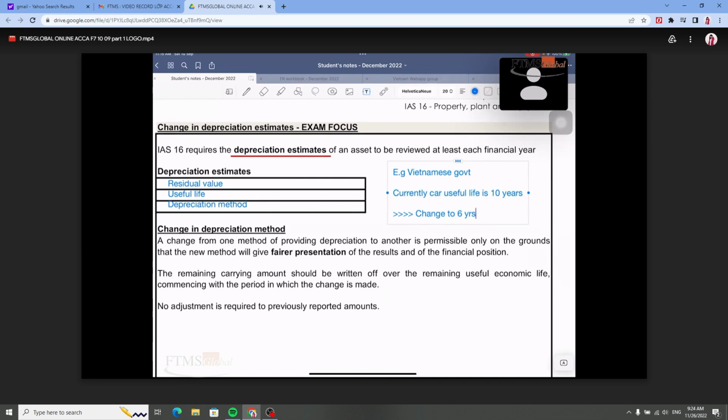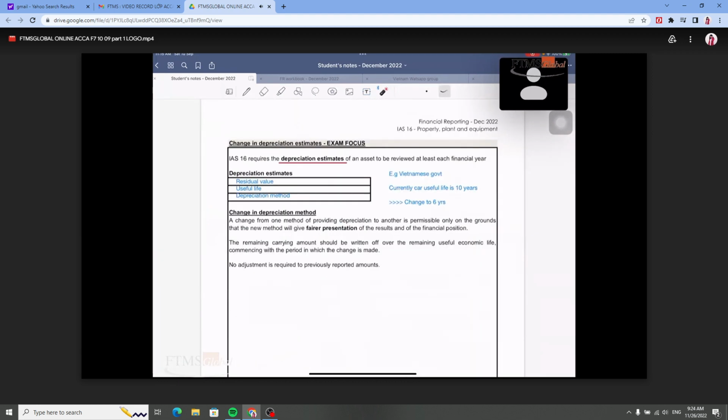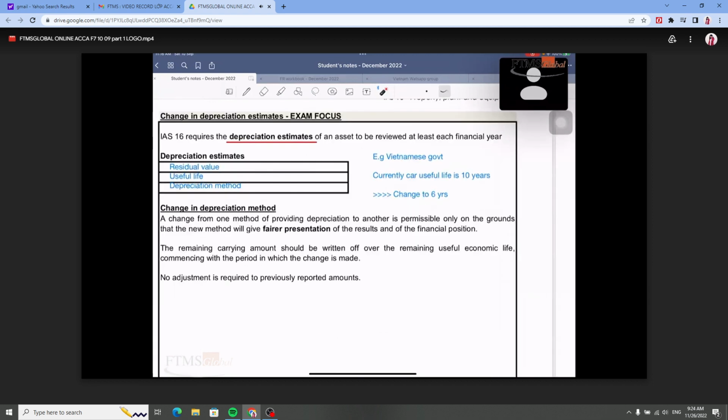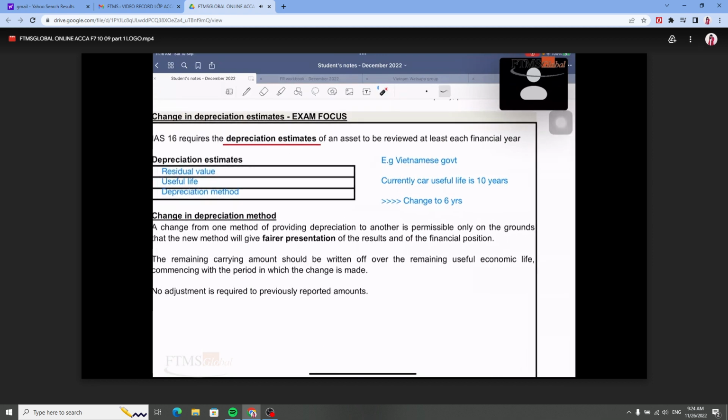The accounting treatment we are going to discuss now is to reflect a change in depreciation estimate. For example, if your government suddenly changed the useful life of the car to 6 years.